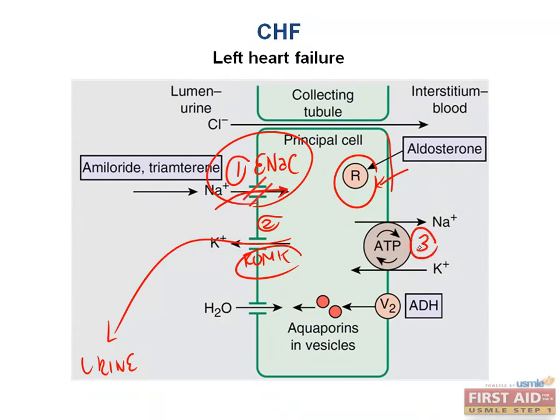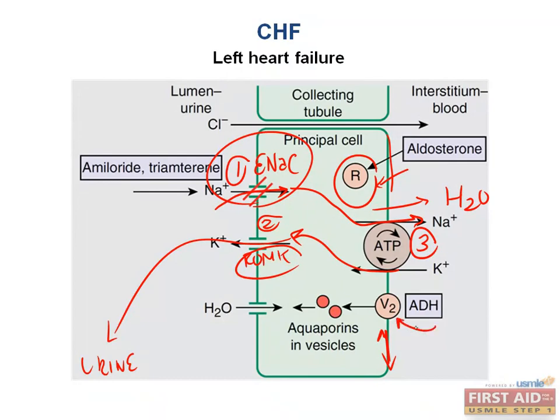Now, what else does it do? It also increases the transcription of the basolateral, this is the basolateral side here, the basolateral sodium potassium ATPase. Why? Because it gives us a gradient to pump out this potassium, which goes out through the ROMK, and continue to reabsorb sodium. And what follows sodium? Water. And we are increasing our intravascular volume, which is the main purpose of this entire mechanism.